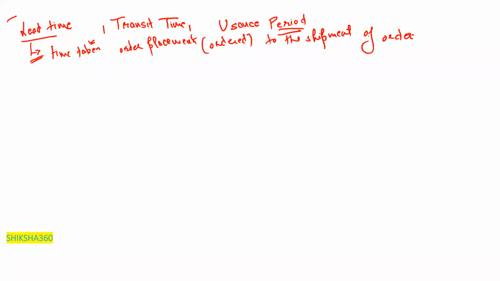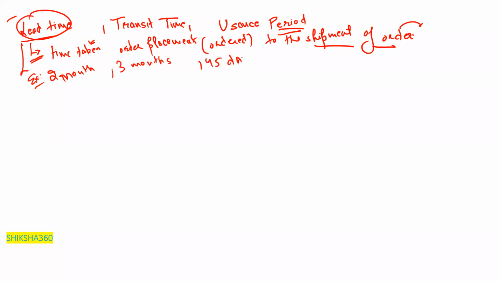Order placed, that is you have ordered, till the order is dispatched. That much time is known as the lead time. For example, it could be 2 months, 3 months, or 45 days, but for easy calculation we have to convert it into months. So this is lead time.